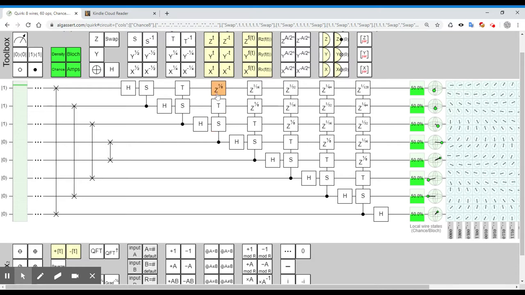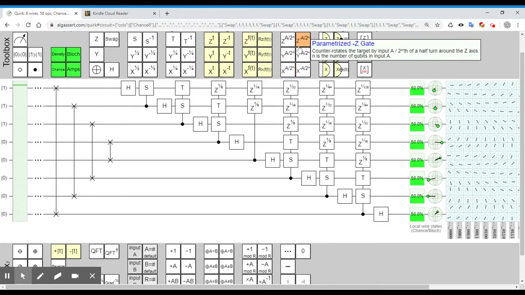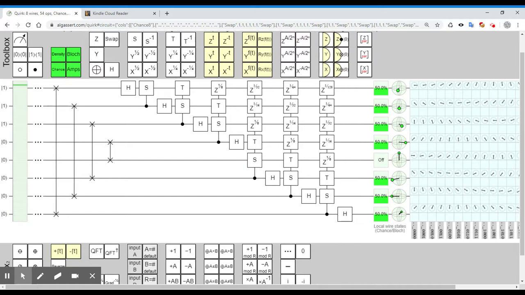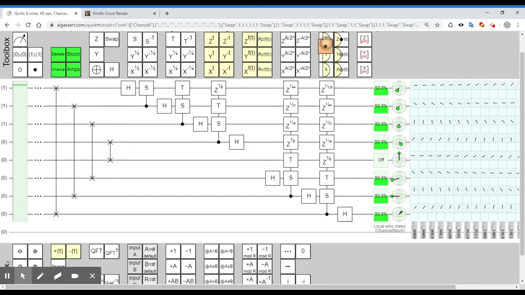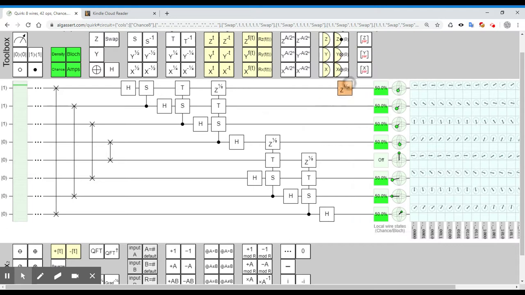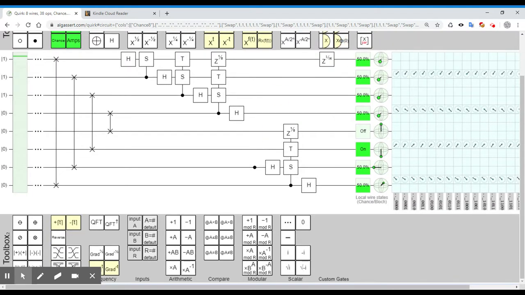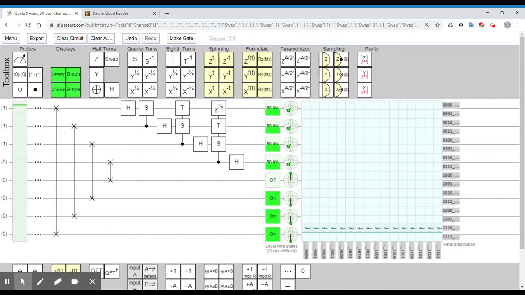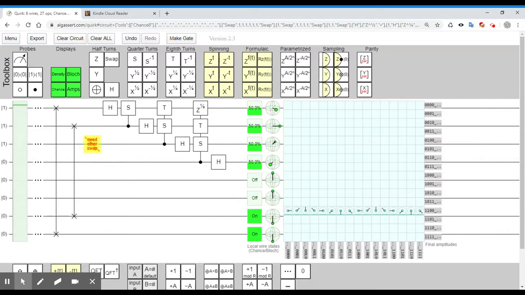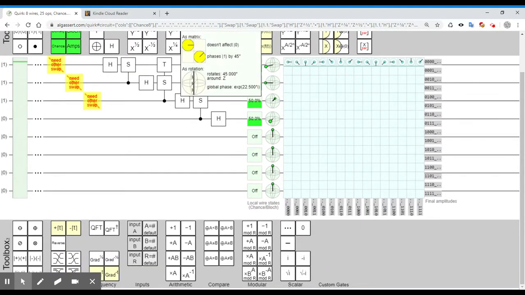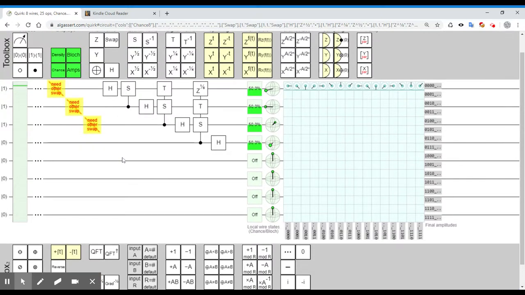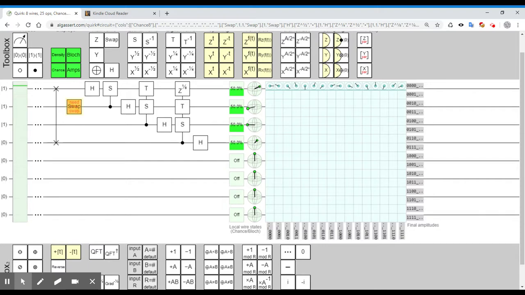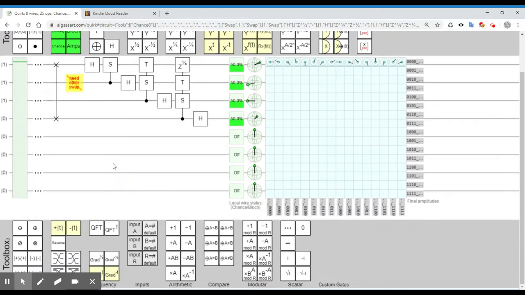Let's do 4 qubits, because at least I'm going to have that step in here, and then I can get rid of all this stuff. Get rid of all the swaps in here. I'm going to need just 2 swaps. So where's the swap in here?